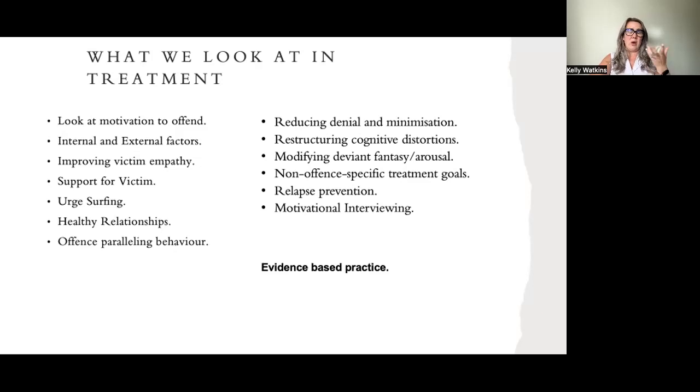Such as, going back to the stealing cars, I didn't see the person that owned the car, so it was fine. I wouldn't do it if there was someone there with the car. And then thinking about how we can change that slightly, or thinking about, well, they deserved it. And think about, okay, so how can we change those thoughts? How can we manage those thoughts so they don't lead to an individual engaging in offending behaviour?